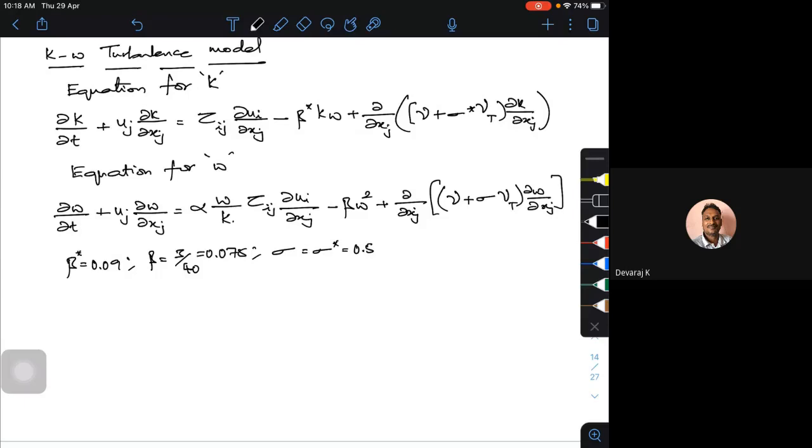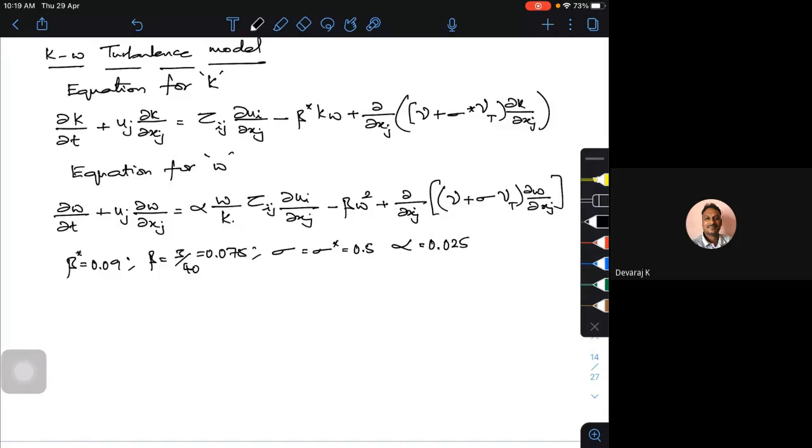Then we have alpha, and this constant alpha is equal to 0.025.